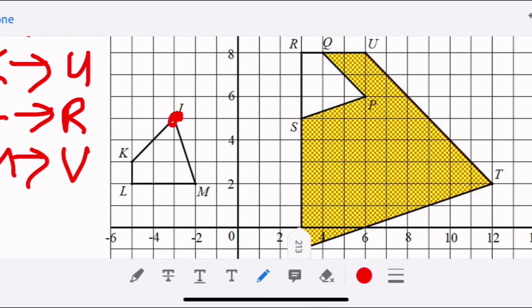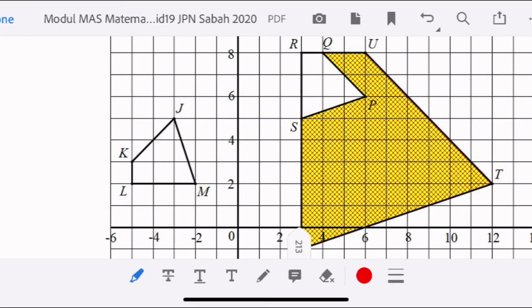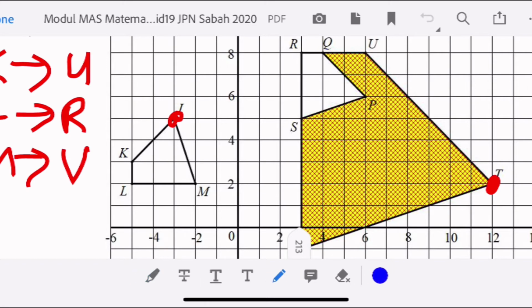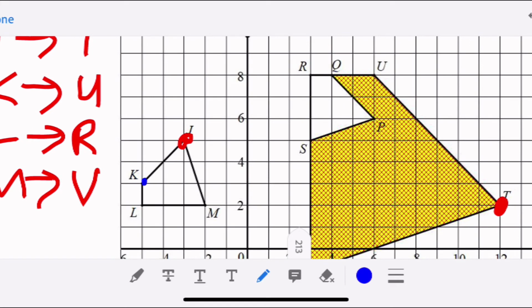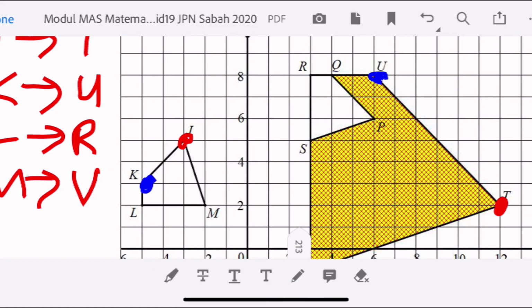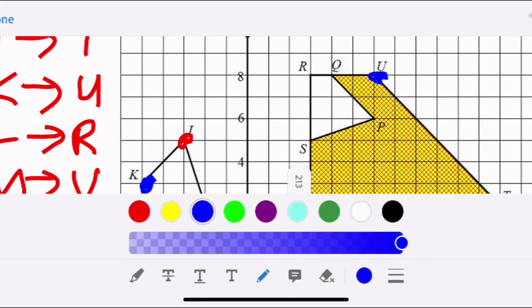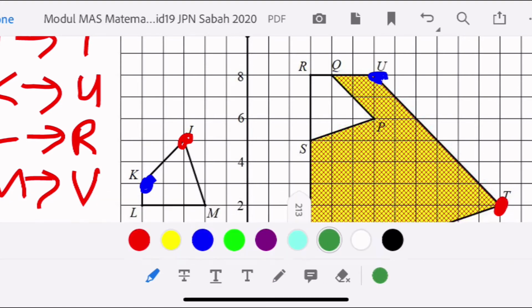If we do the transformation, the object point J goes to the corresponding point T. We use color to find the corresponding points.